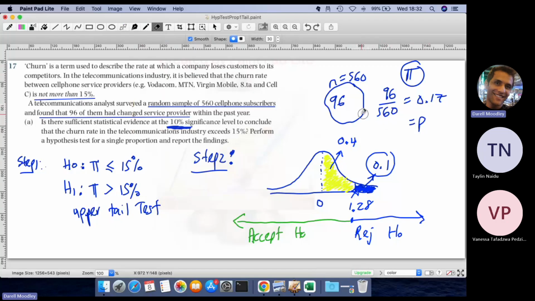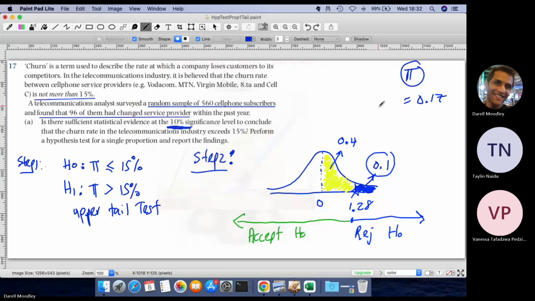We worked that out. P is 0.17, so I'm just going to write that. Now we're going to go to step 3. You calculate the test statistic.